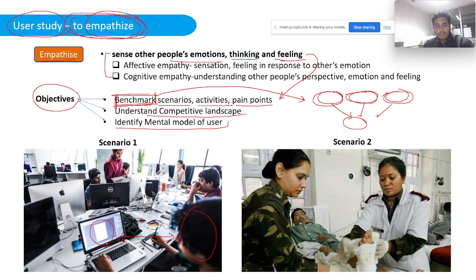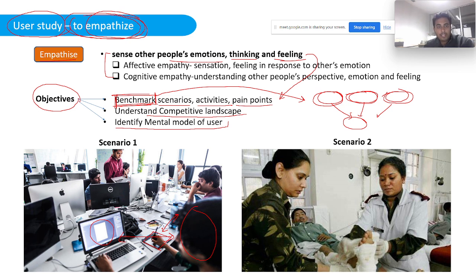In this particular scenario, you will notice that it is very crowded. The set of activities involves this accountant using some sort of pen tablet to interact with a laptop having the software. And this is a crowded scenario. That means the next person beside him is only 1 meter away, so the environment is a little bit noisy, and there are a lot of space constraints.